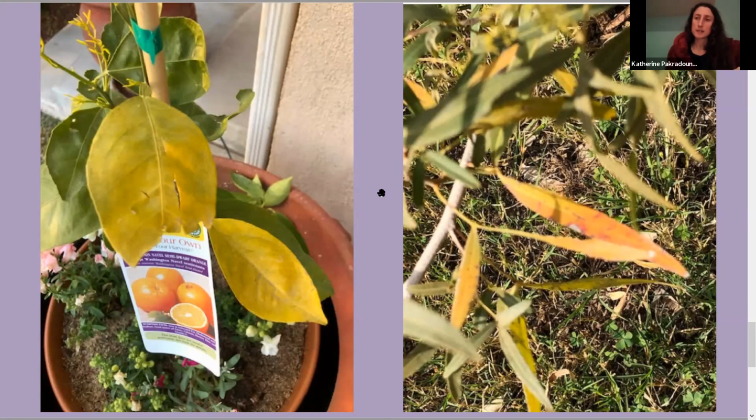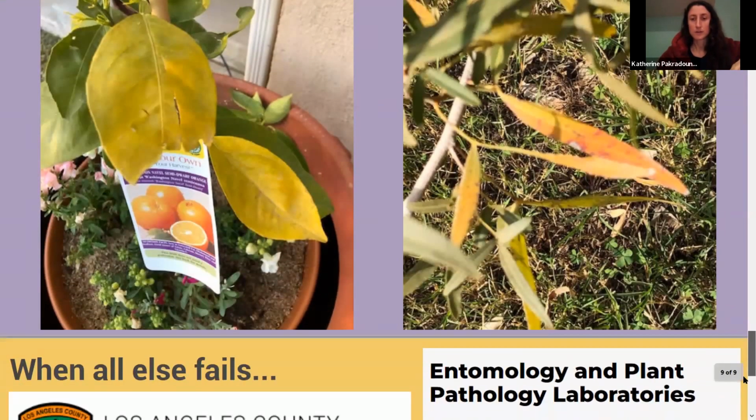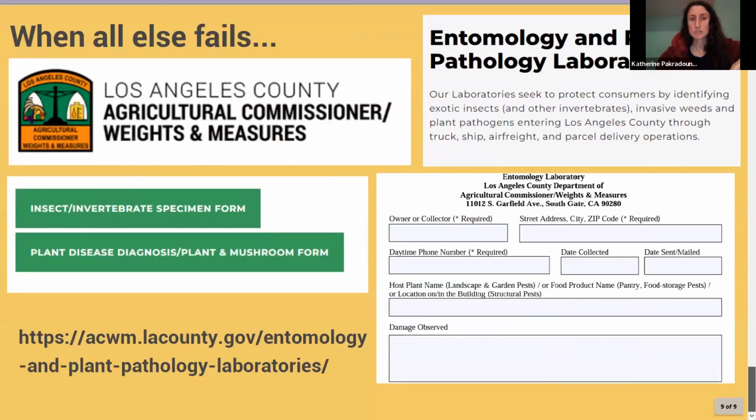If you've gone through all the diagnostic tools from the UCIPM website and you've done your research and your experimentation and you're still confused or unsure of what is happening to your plant, when all else fails, the LA County Agriculture Commissioner's Weights and Measures office has a pathology laboratory, both an entomology and a plant disease diagnosis laboratory, where you can get a sheet that looks just like this.